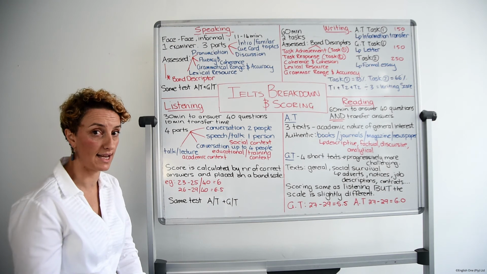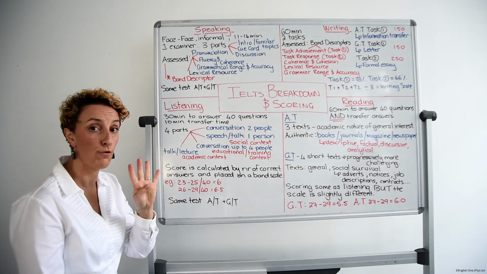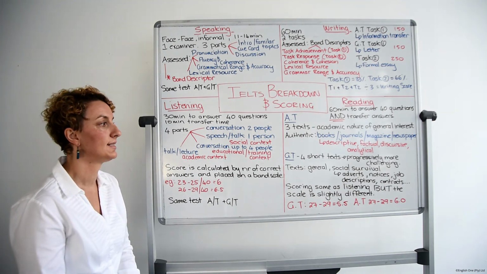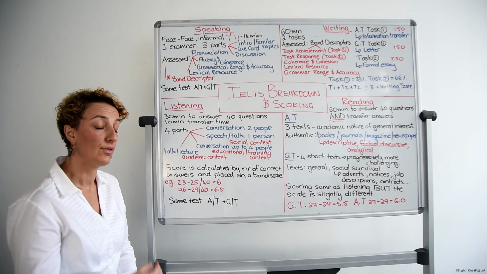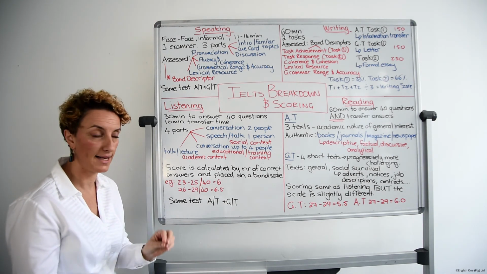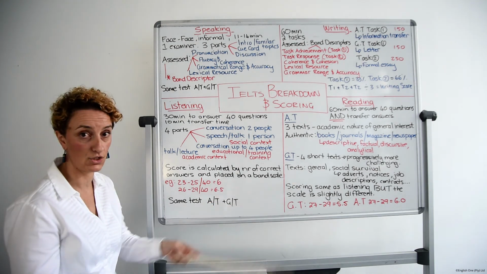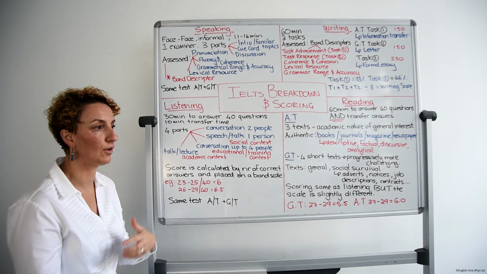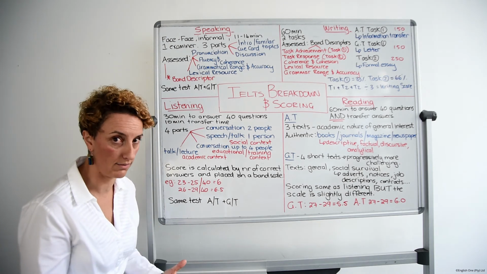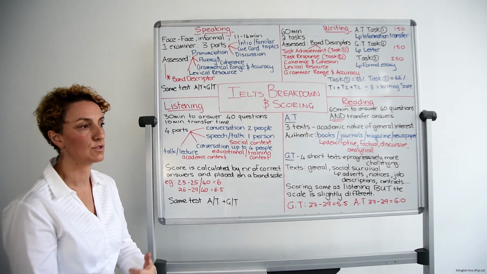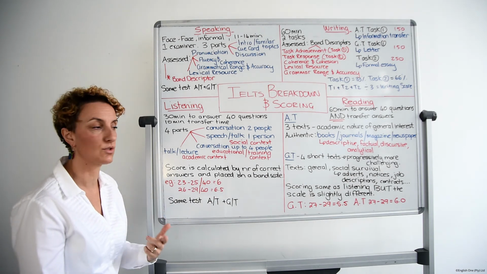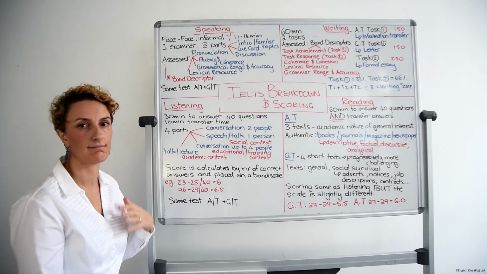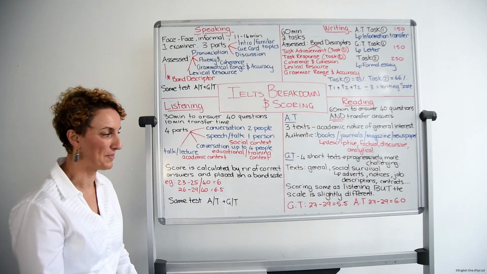For the general test, you'll be looking at 4 shorter texts that get progressively more challenging. They are also authentic, but are of a general nature and focus more on social survival. For example, the text will come from adverts, notices, job descriptions, contracts, application forms, etc.